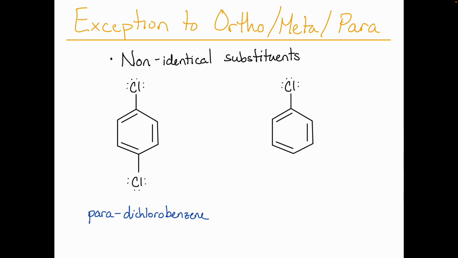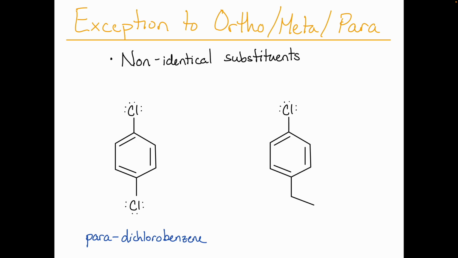But if we had two substituents that were non-identical, so I'm going to replace that chloro group on the bottom there with an ethyl group. All right, for non-identical substituents, we don't use ortho, meta, or para.